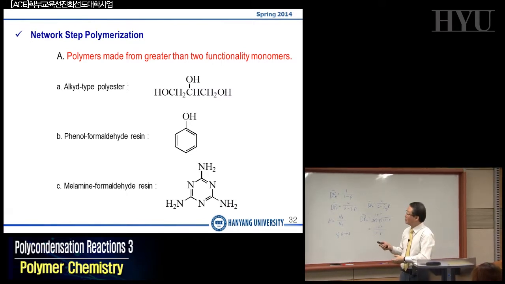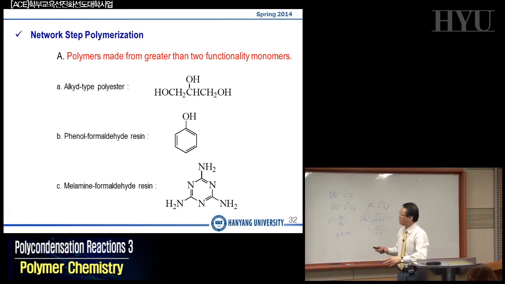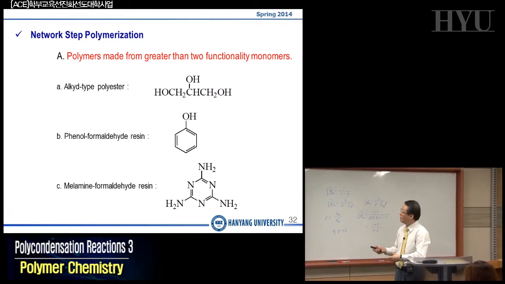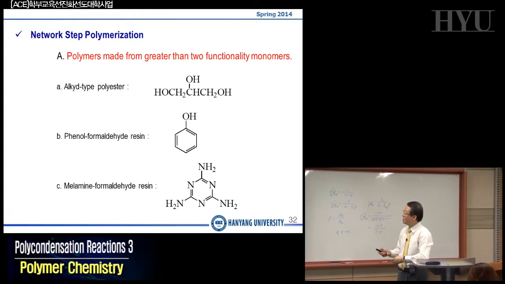For example, glycerol is a sweetener, and it's different from glycol. Glycol contains 2 hydroxyl groups, so it will be CH2OH and CH2OH. If you have this terminology with hydrogen, it is called ethylene glycol. And this one contains 1 more methylol. This is called glycerol.